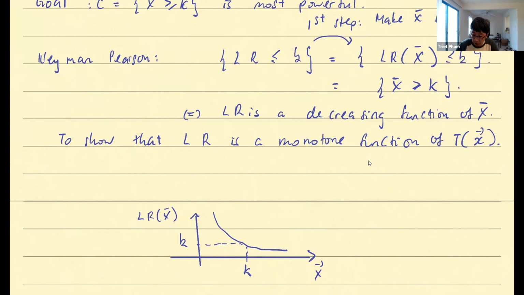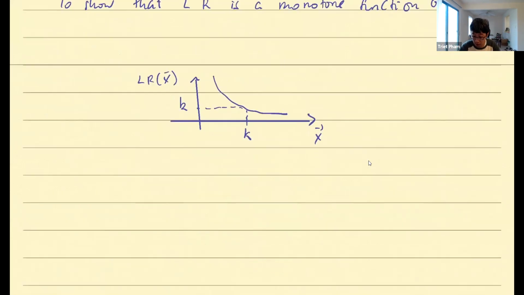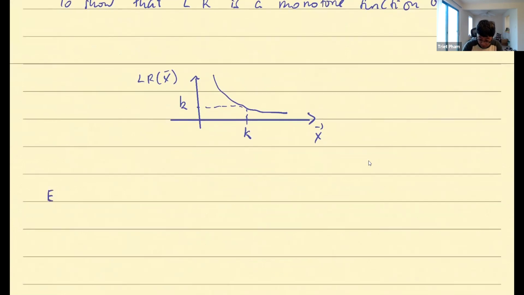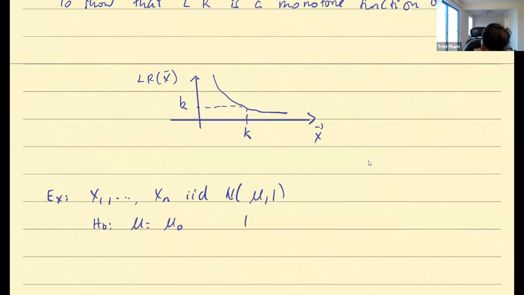All right, so here the general idea is to make T of X show up, whatever the test stat that you desire is. So let's go over the example that we mentioned and show the concrete calculations. Again, X1 to Xn, IID, normal mu1, H0: mu equals mu naught, H1: mu equals mu1.